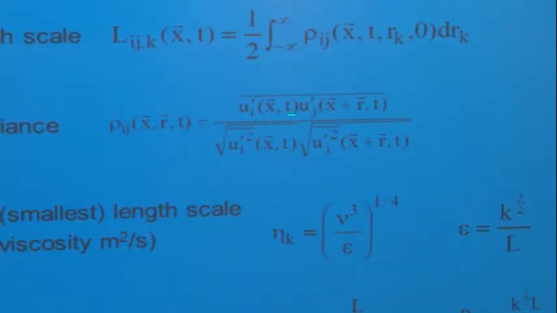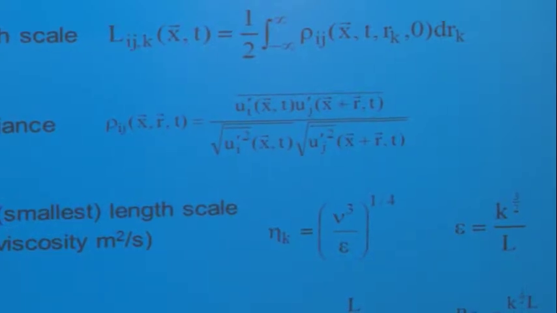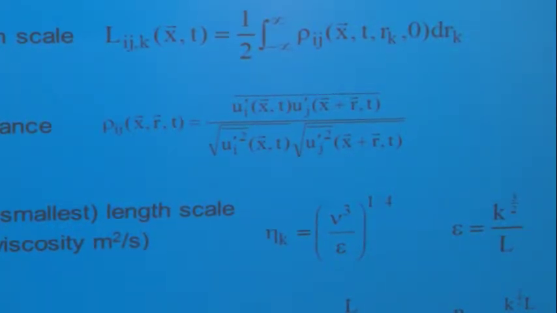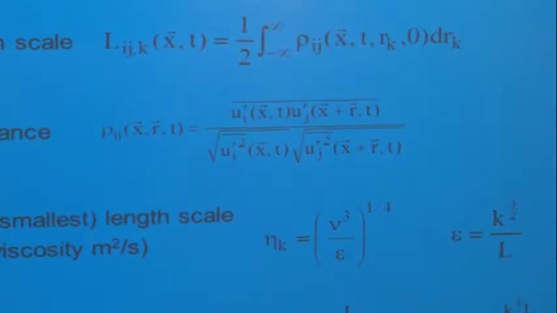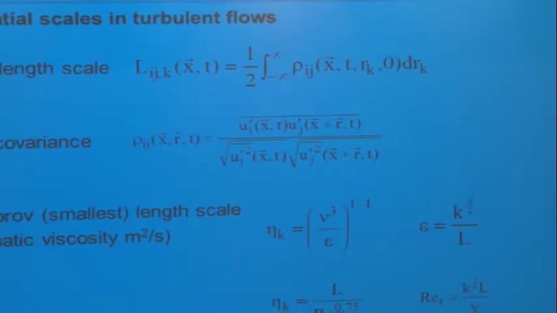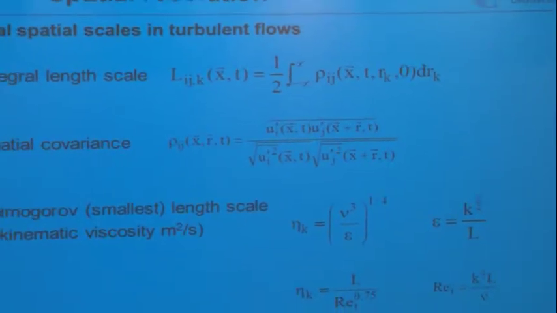They are taken at the same time. So if you take this normalized covariance in space and integrate it over this displacement r, you get this integral length scale, and you can see that as an average size of a turbulent eddy in your flow.